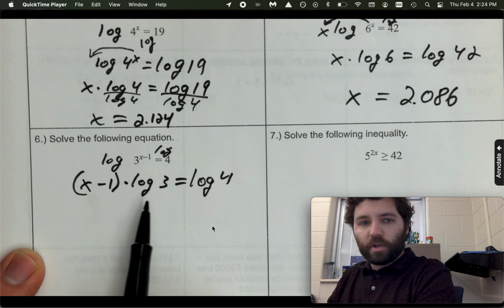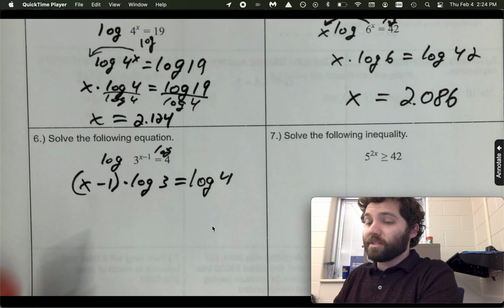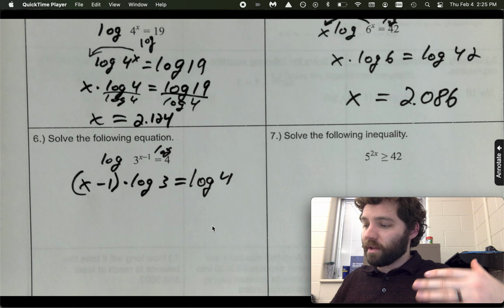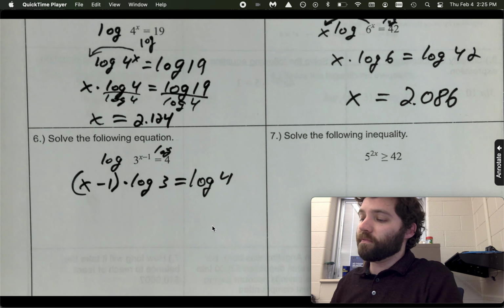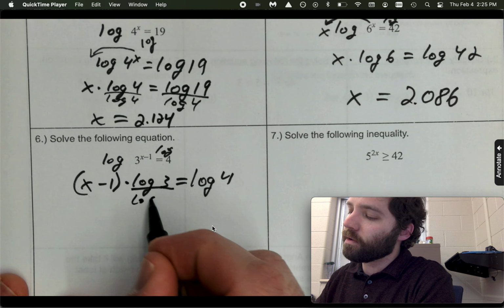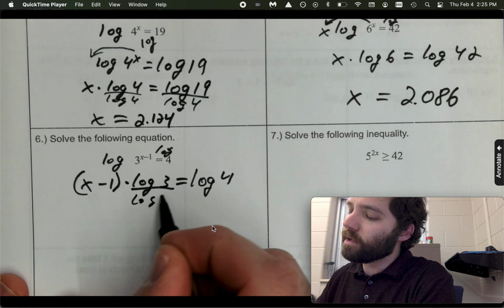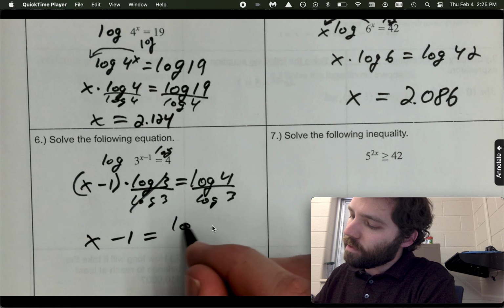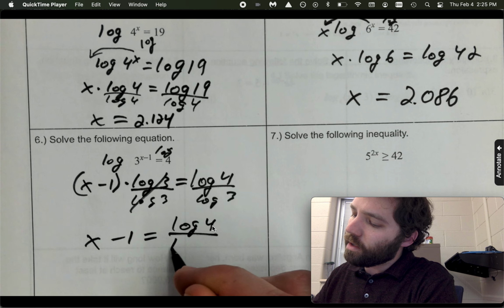Now again, try not to get confused by this, because log of 3 is just a number. It's like x minus 1 times 15 or something. We just need to divide by it and then finish out the math. So I'll divide both sides by log of 3. Those cancel out, and I'll get x minus 1 equals log 4 divided by log 3.